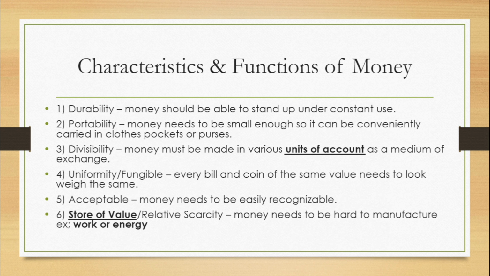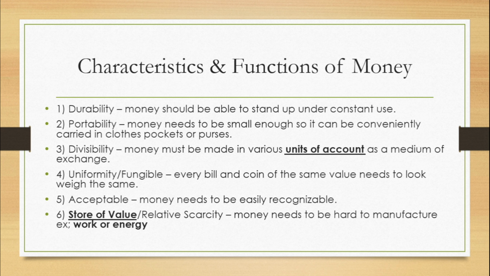Okay. So going back to our discussion about money, in the last video we talked about a dollar, and we were able to define a dollar, and that dollar has a certain weight to it according to constitutional standards, things like that. So this is characteristics and functions of money. These are two different things.